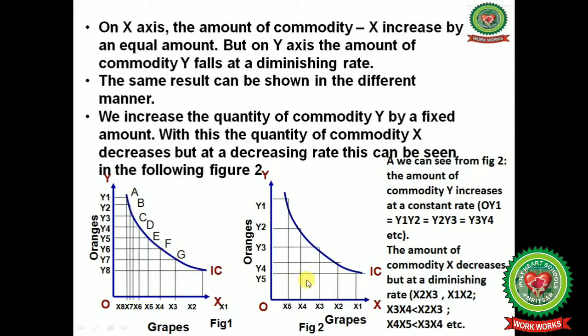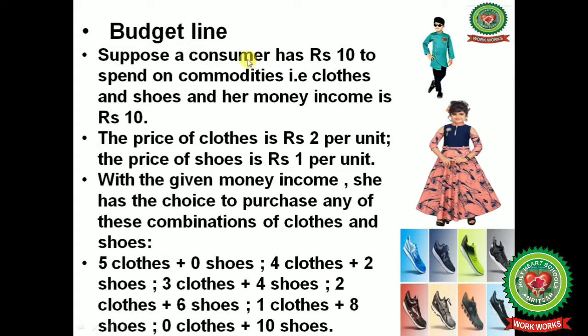The amount of commodity X decreases but at a diminishing rate, that is X1X2, then X2X3 is less than X1X2, and X3X4 is less than X2X3, etc.